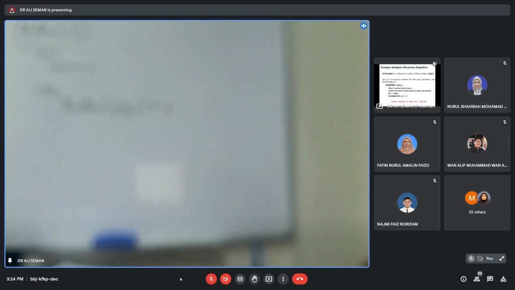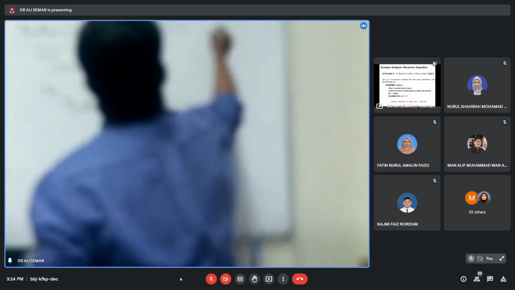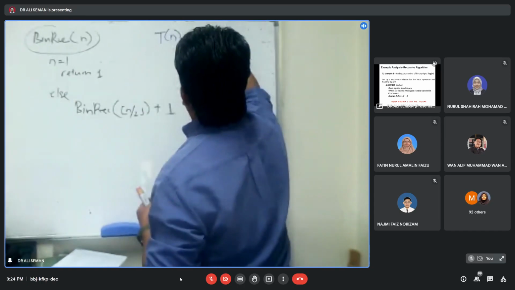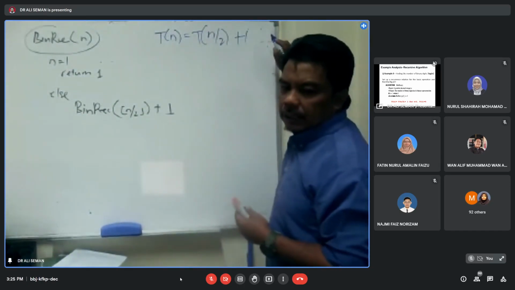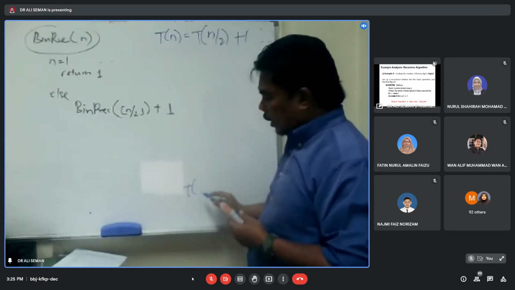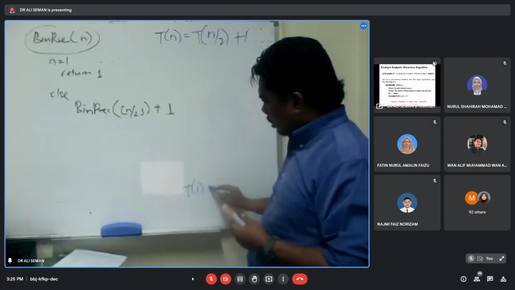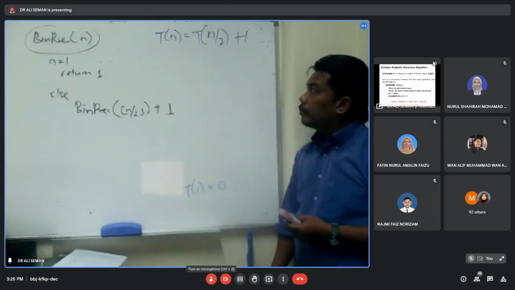So how do we set up the recurrence? We have T of n equals T of n over 2 plus 1. The stopping condition is T of 1 equals 0. Return 0.